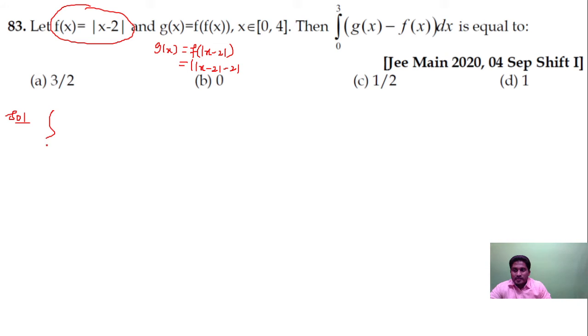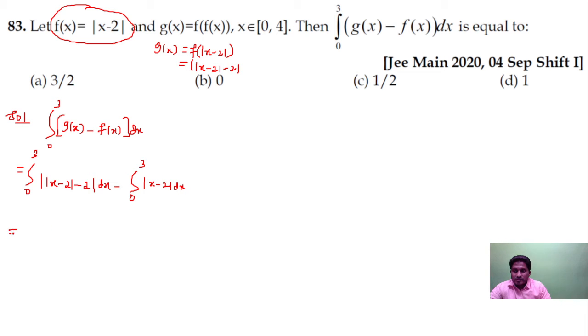So integration 0 to 3 of g of x minus f of x dx can be written as integral 0 to 3 of g of x, which is mod of x minus 2 minus 2, minus integration 0 to 3 of f of x, which is equal to mod of x minus 2.